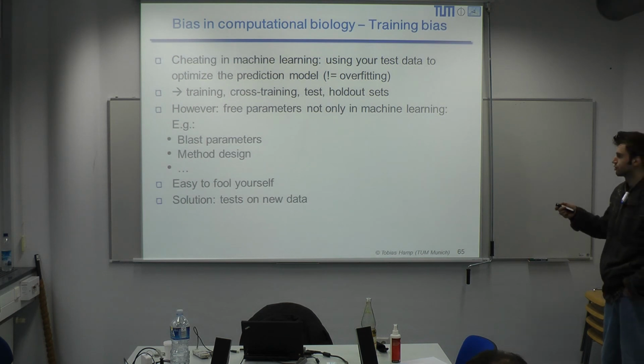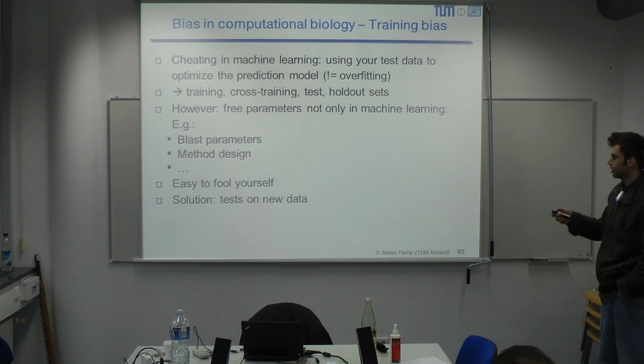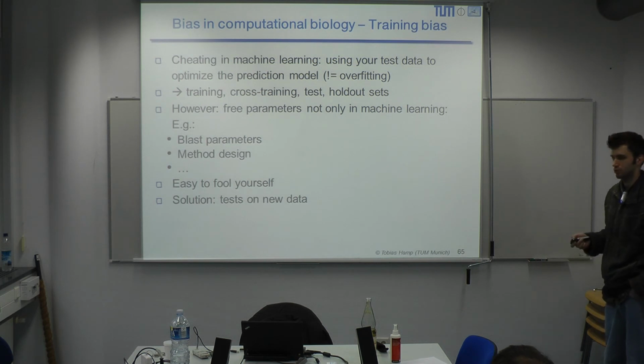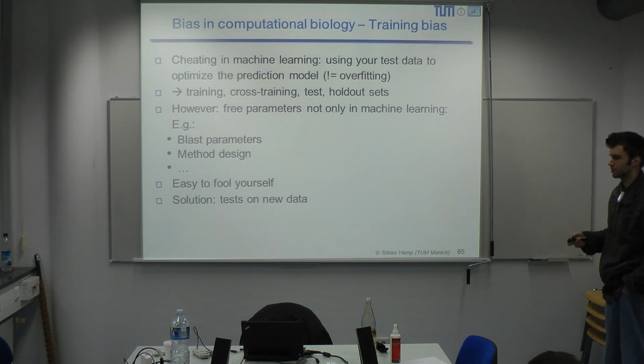The ad hoc solution to this is usually splitting the training set into the training set and a so-called cross-training or parameter optimization set, and then really not touching the other sets at all. However, any type of study where you try to predict or analyze something usually has parameters associated with it, and even simple things such as BLAST parameters or, for example, first clustering, then predicting, or first predicting, then clustering, and then going on can make a small but decisive difference in your evaluation.